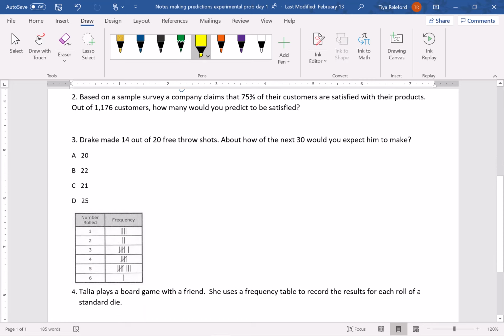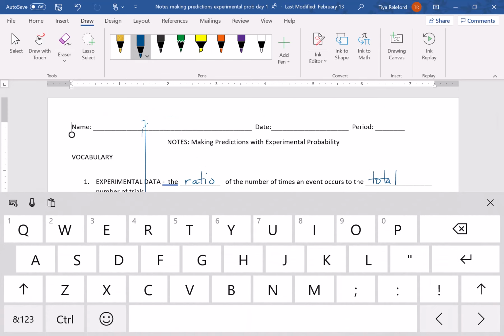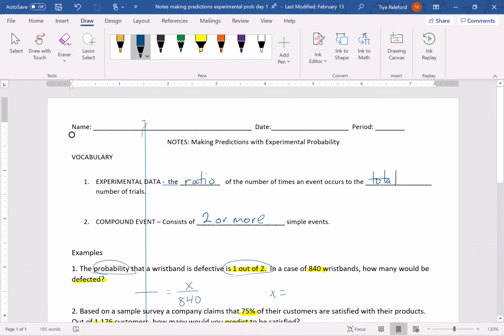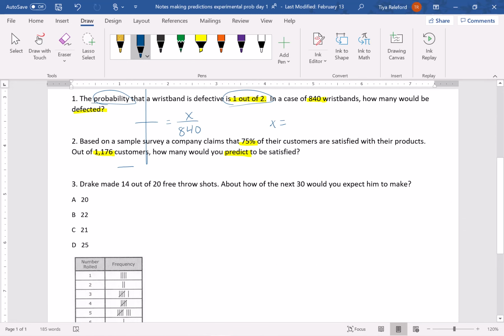Number 2 says, based on a sample survey, a company claims that 75% of their customers are satisfied with their products. Out of 1,176 customers, how many would you predict to be satisfied? Satisfied means happy, or content.